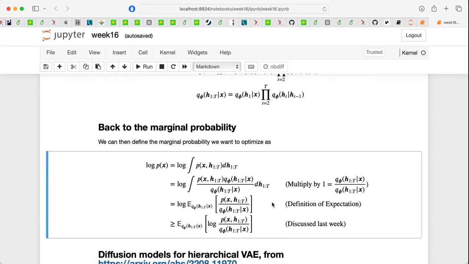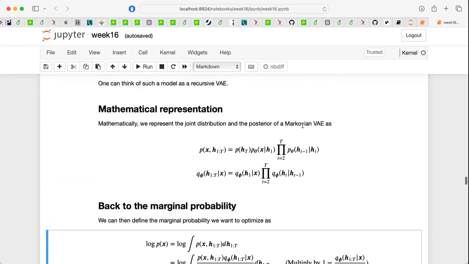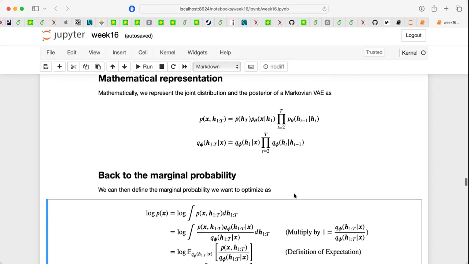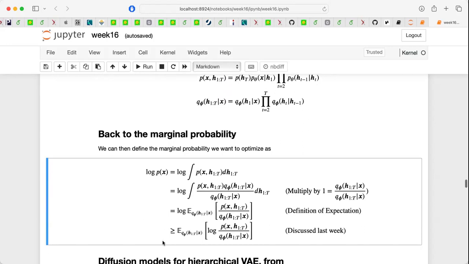So this, as it stands now, is not the way a diffusion model is implemented, because there are going to be some approximations which we need to discuss now. But basically, if you want to train what you could call a stacked set of variational autoencoders, you would have to optimize this function here, this expectation value.